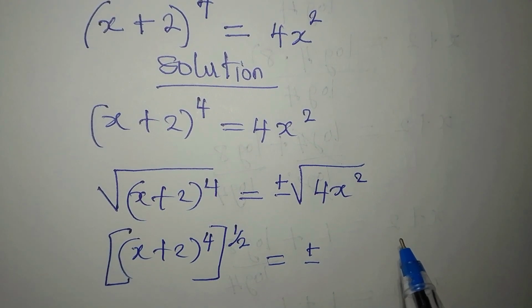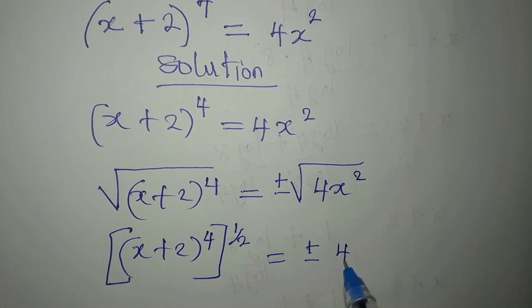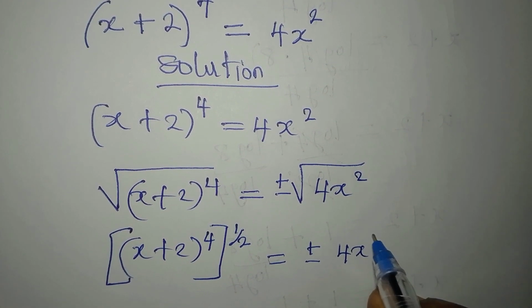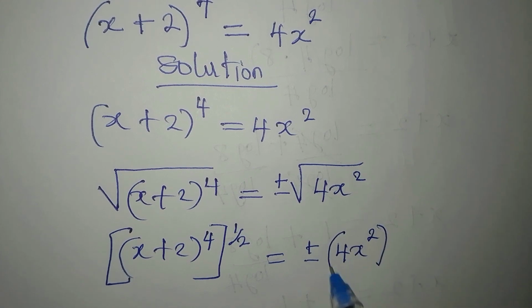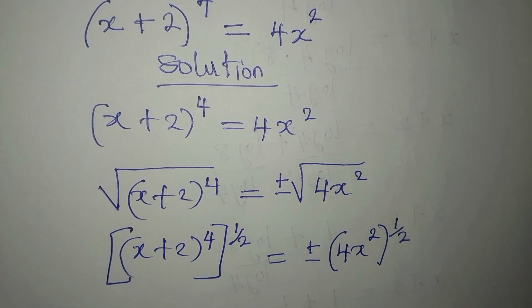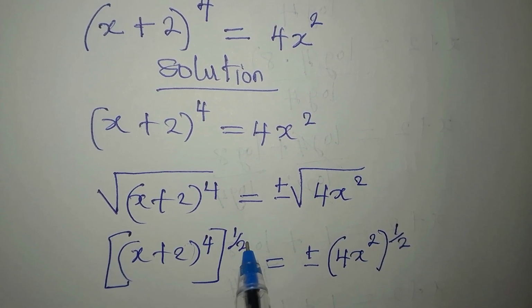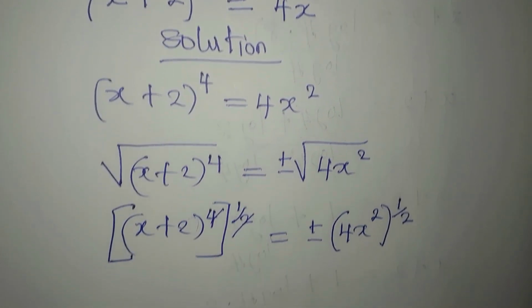Then if I want, we'll do the same thing over there. We have (4x^2)^(1/2) because of the same square root. This time around, because of this square root, it is everything in this inner bracket that has to do with the 4. So 2 can go there and we have 2.